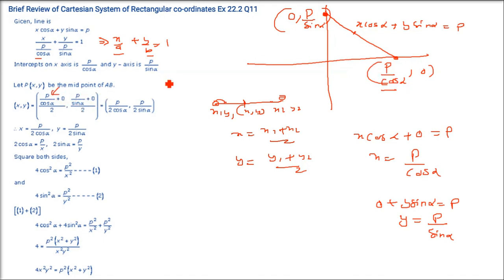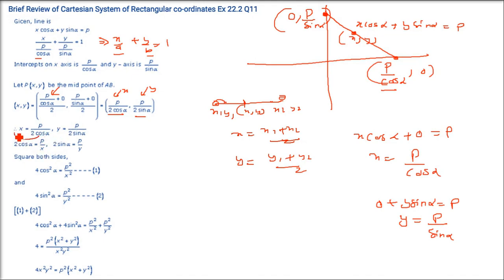So 0 plus p by cos alpha by 2 equals h, and p by sin alpha plus 0 by 2 equals k. You can use it like this, or directly you can put x and y, doesn't matter.